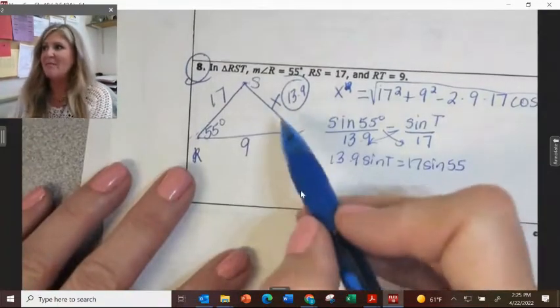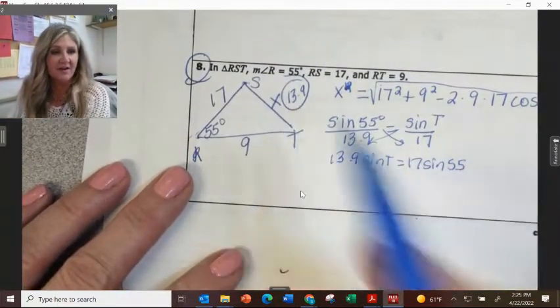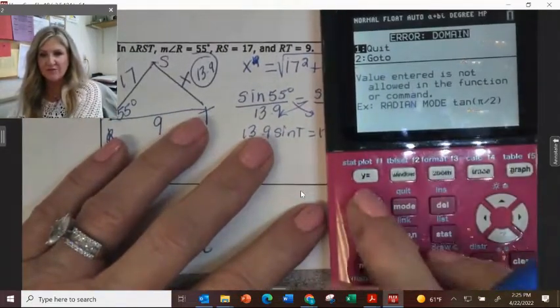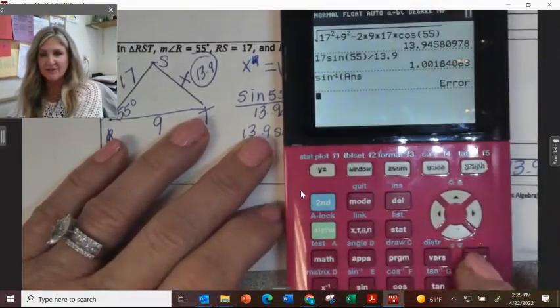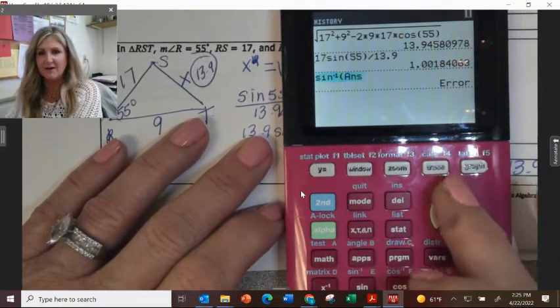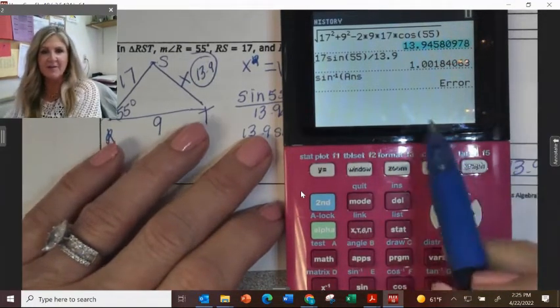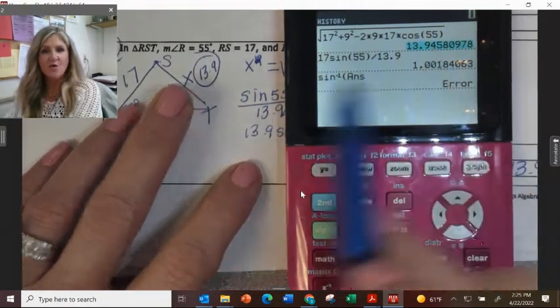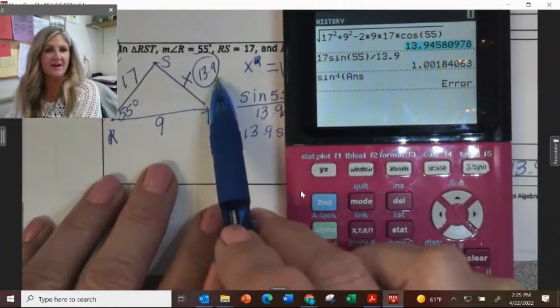The reason that happened is because I rounded here. You cannot round there. So if I have to use the full version, watch what I can do. I'm going to go back up here, and I'm going to store that. What is the name of this side right here?